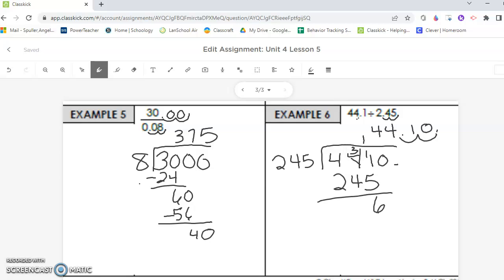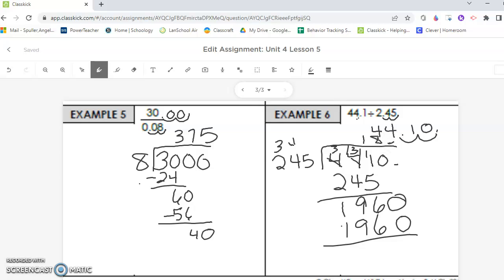Gives me 196. Okay, bring it down here. I'm going to try times 8. Let's see if 8 works. 8 times 5 is 40. Carry the 4, 32, 36. Carry the 3. 8 times 2 is 16, plus 3 is 19. Okay, so there's our answer.